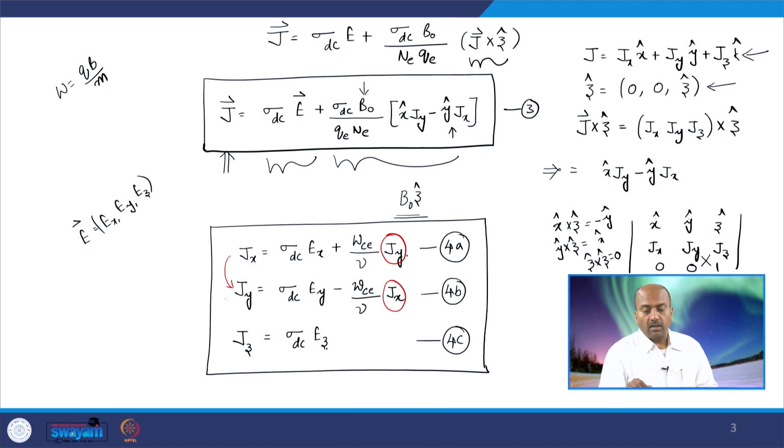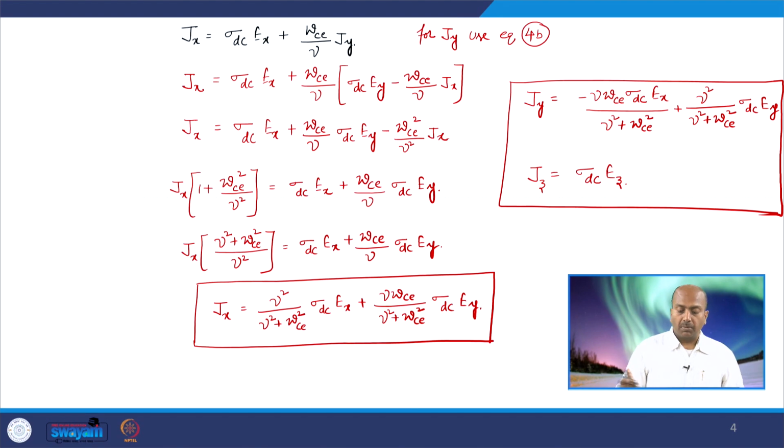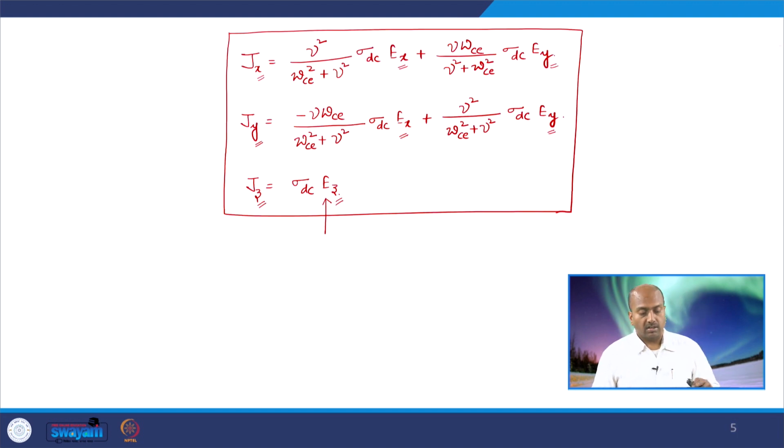It calculated the curl of J with respect to the direction of magnetic field, which has given these three equations. We realize these equations are coupled in the sense that one component of conductivity has dependence on the other component, and vice versa. We realized that by simple substitution we can remove this dependency and obtain valid equations for the conductivity Jx, Jy and Jz.